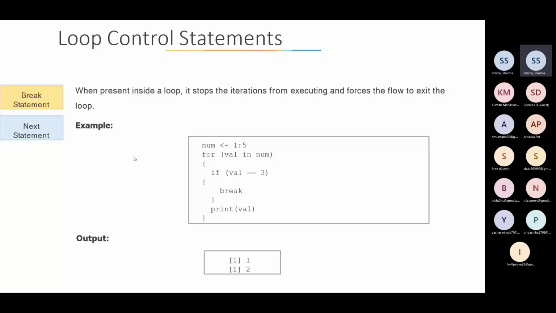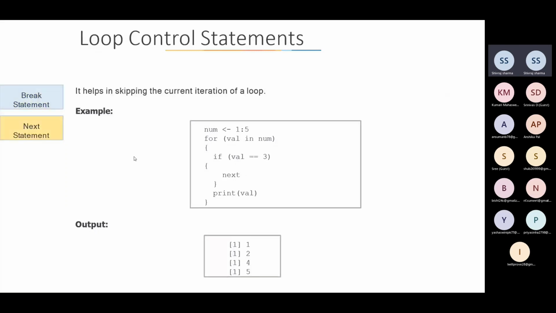Okay. And in the other part, that is your next statement, don't worry, the slides will be provided to you, then do the practice for these things. In the next statement, it says that if the value is equal to 3, then move on to the next, that is, for the print value.